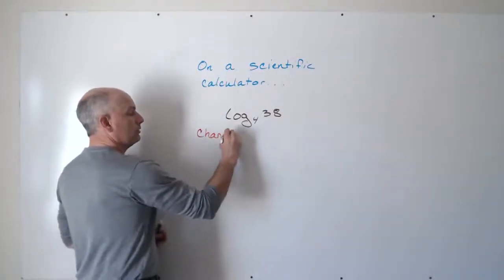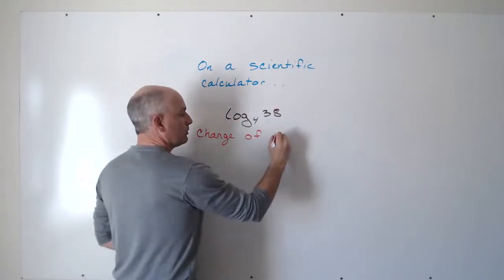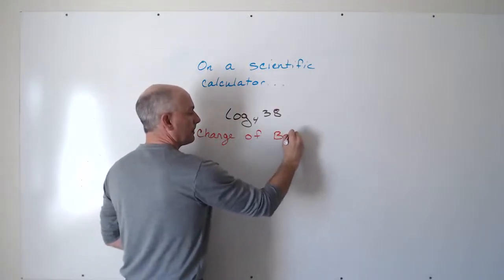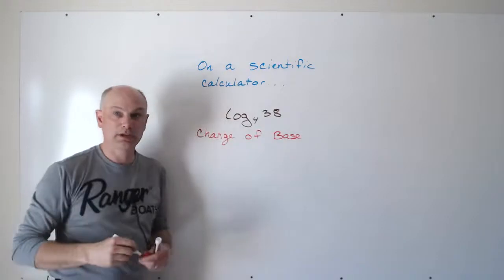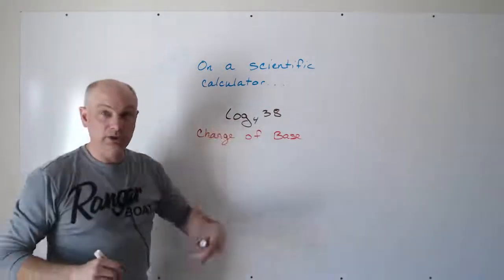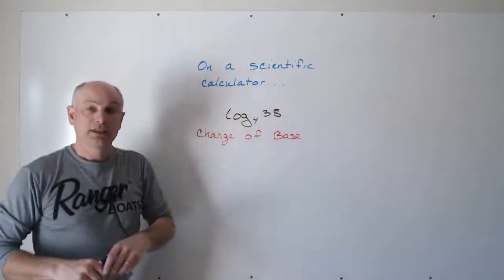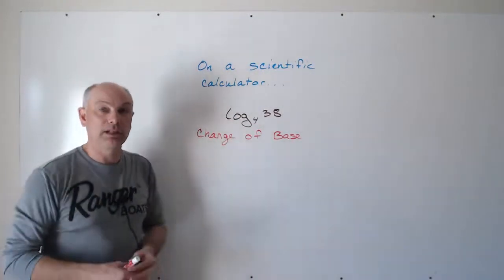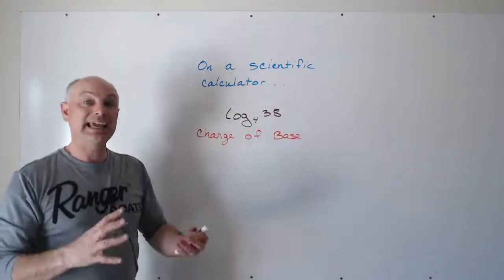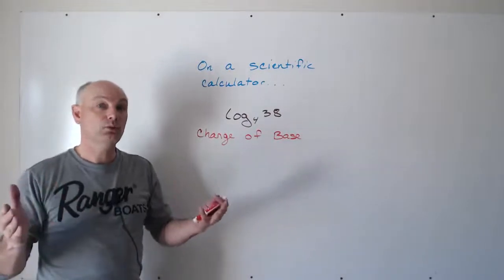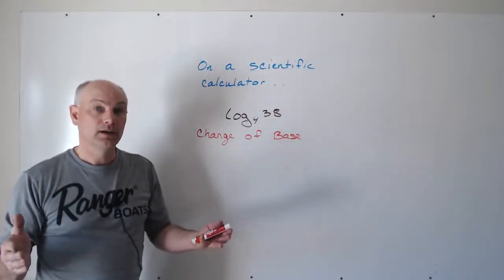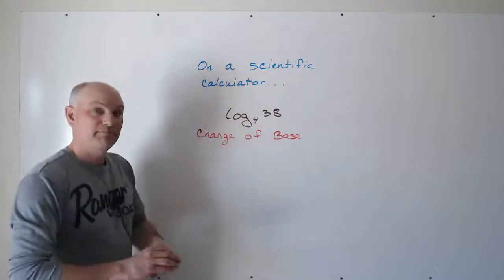What we can do is change our base. You notice that in this particular case, the logarithm is written in base 4. Well, the change of base formula will allow us to change it to any base we choose. So, check this out.